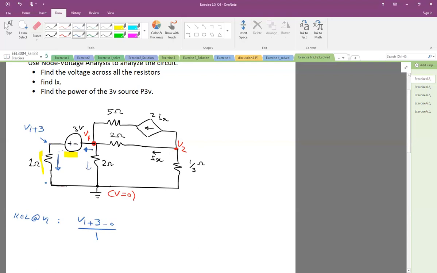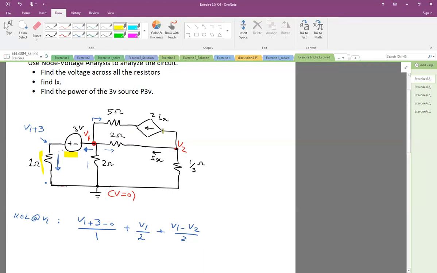Now the current going down is V1 minus 0 divided by 2. And this current is V1 minus V2 divided by 2. And finally, this current. Okay, that's also interesting. For this current, we see there is a current source.